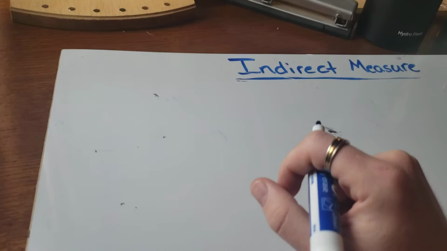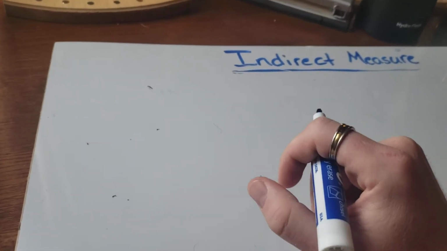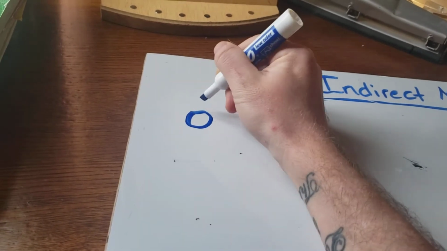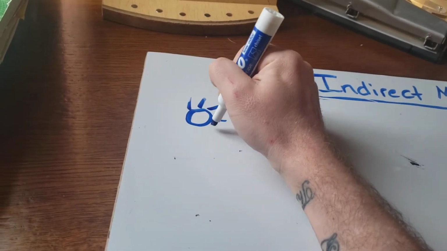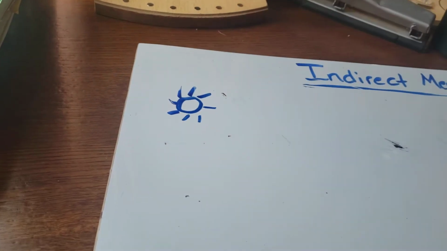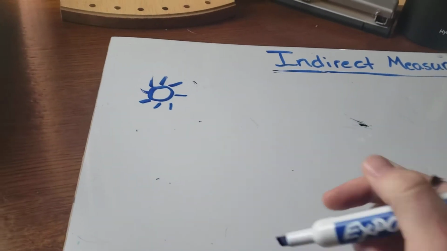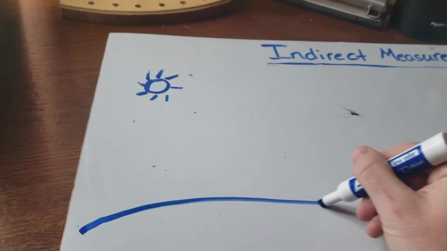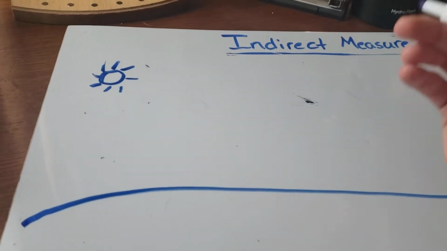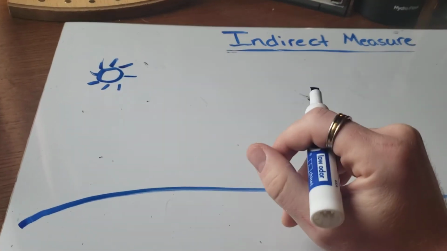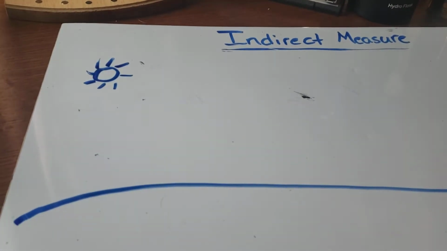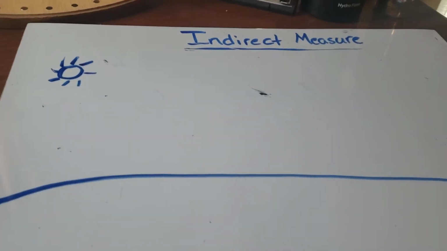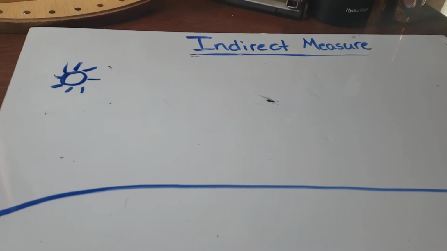So let's say you go outside at some point later today when it's a little more sunny, and you are looking at trying to measure an object that is much too tall to measure with a ruler or a measuring tape or something like that. You can actually use the idea of similar triangles to measure an object.